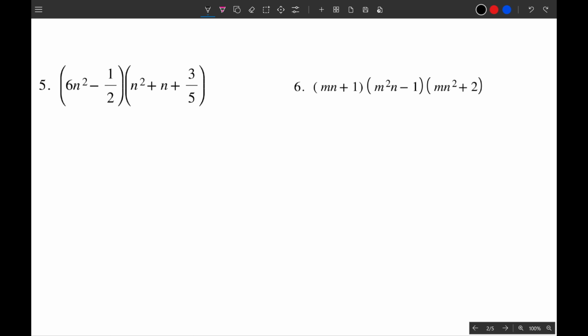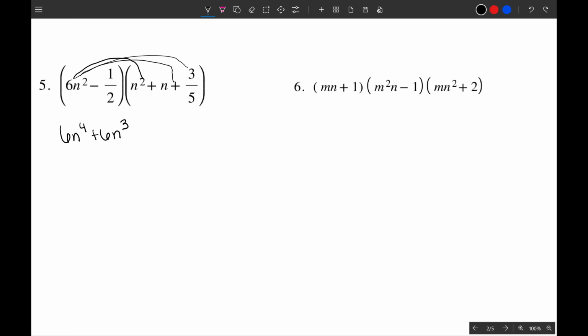All right, number 5. We have 6n squared times n squared is 6n to the fourth. 6n squared times 3/5. Oh, I skipped one. 6n squared times n gives me 6n to the third.